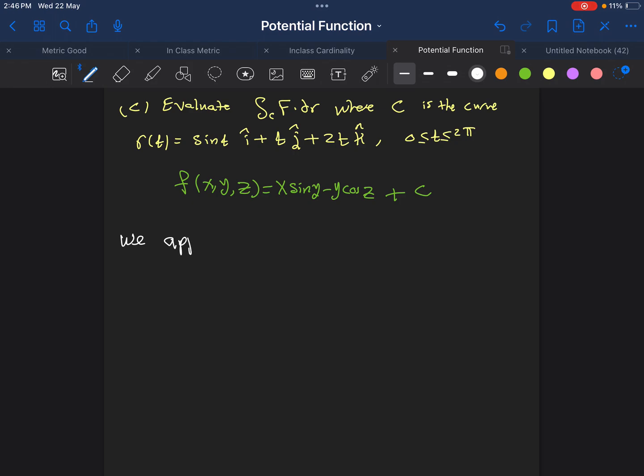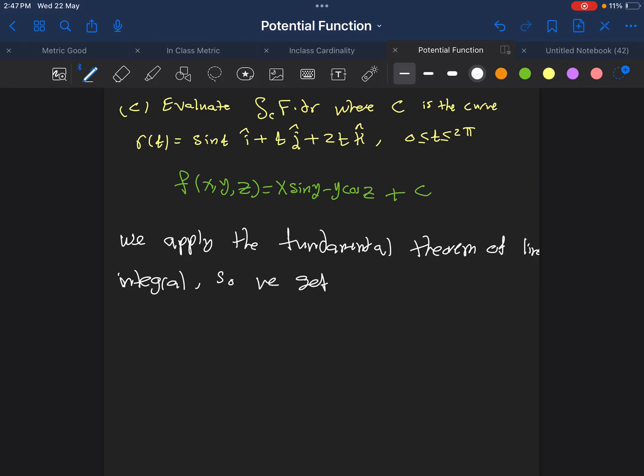So all we need to do is apply the fundamental theorem of line integrals, so we get the integral over C of F dot dr equal, we take our f and we substitute r of 2 pi, the endpoint, minus we take f and we substitute r of 0, which is the start point.